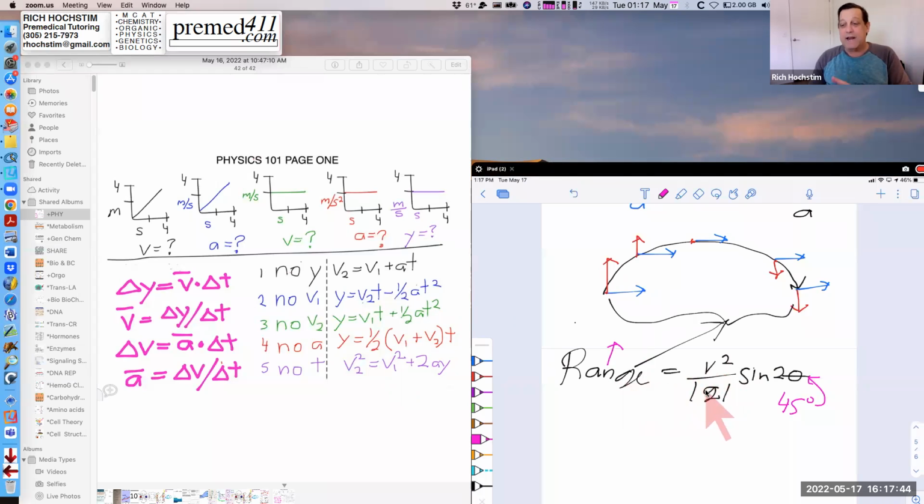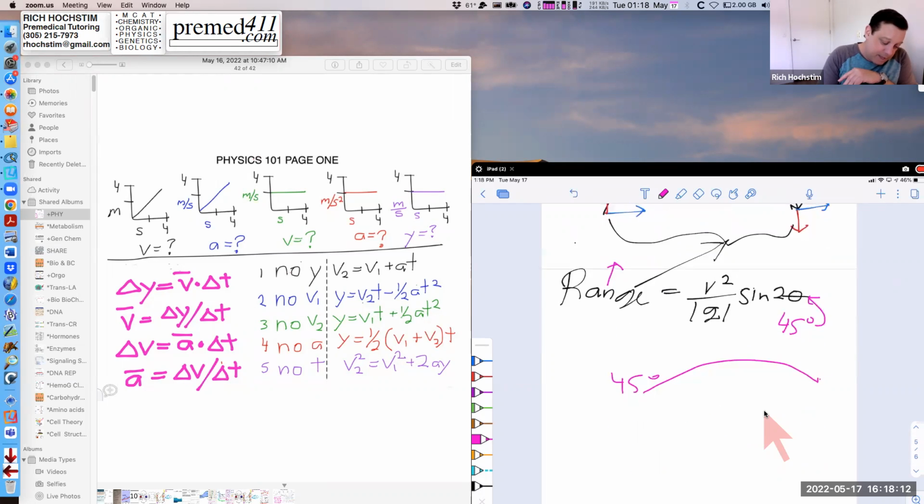And as we increase g, the range will decrease. But the thing to understand is that if we fire something off at a 45-degree angle, it's an optimum situation between hang time, how long it's in the air, and the forward velocity. So we have maximum range at 45 degrees.